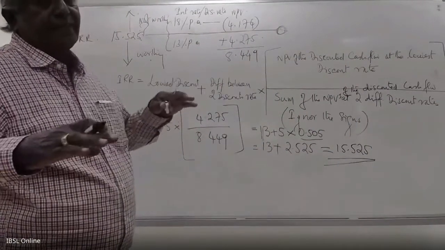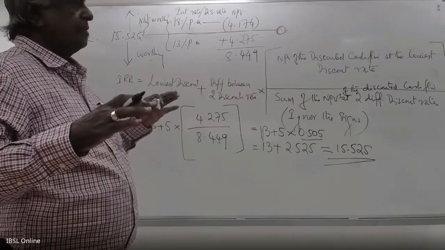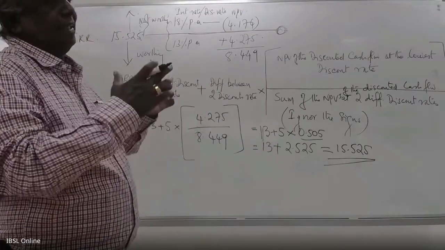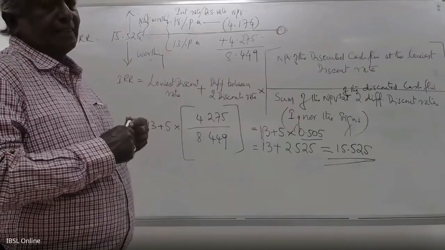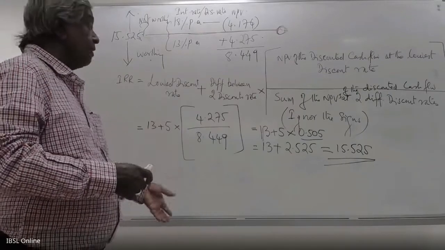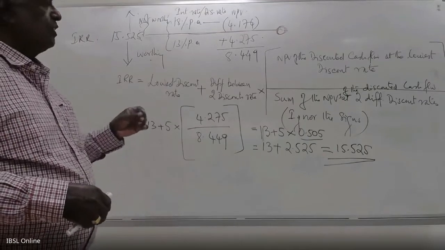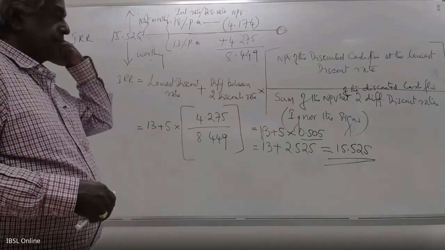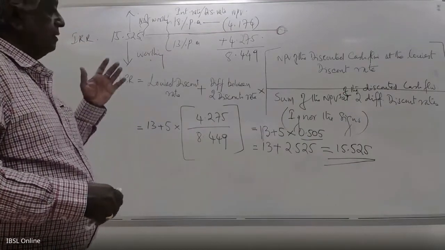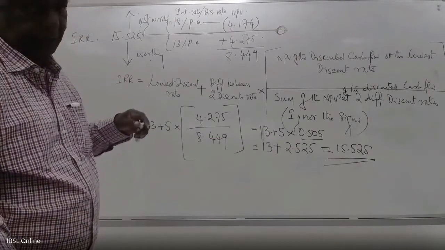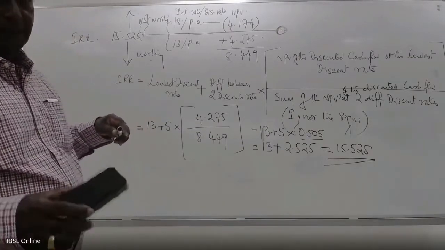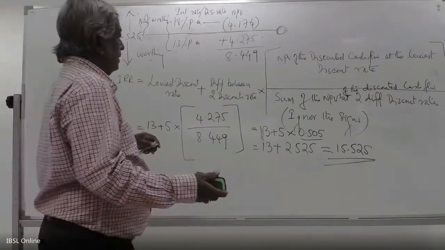Ignore the signs. Otherwise you won't get the answer, or you will get an answer at a very big rate, which will be wrong. So ignore the signs. I hope it is clear to you all.